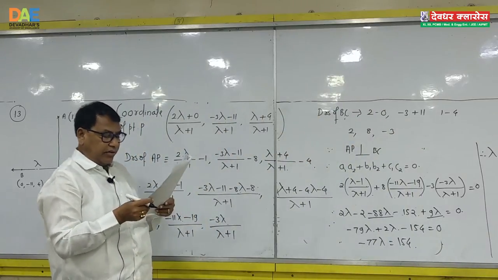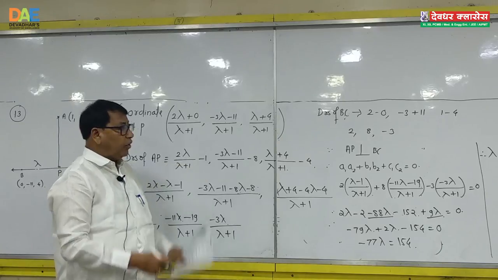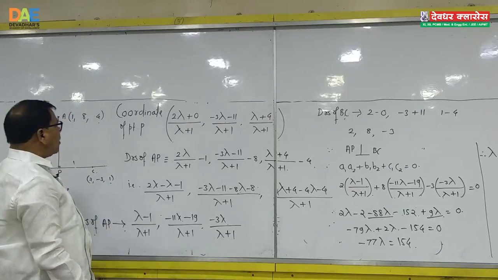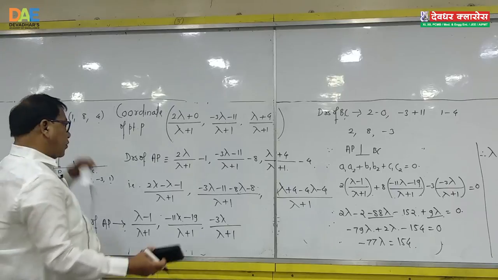We have obtained lambda, and we have to find the coordinates of the foot of the perpendicular, point P. Now we shall find the coordinates of point P.